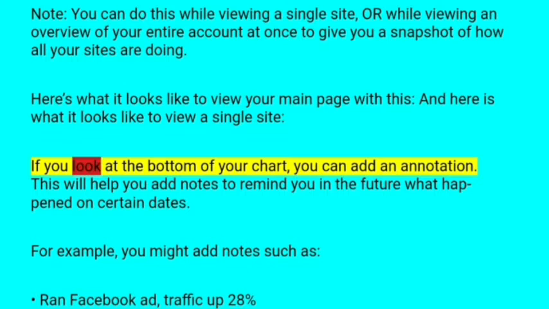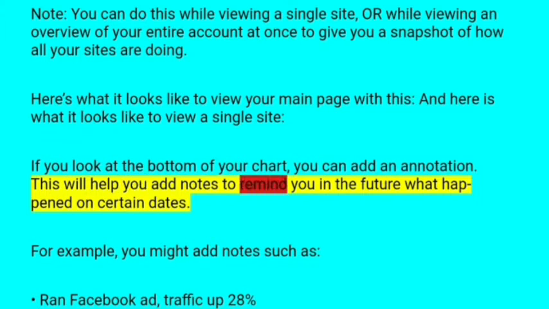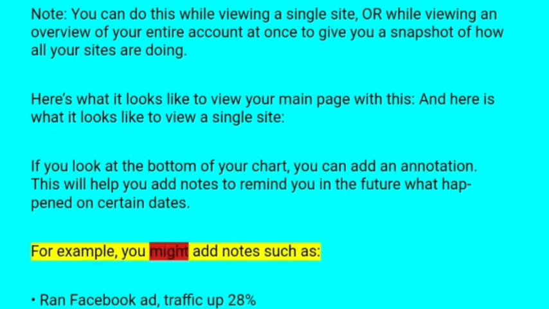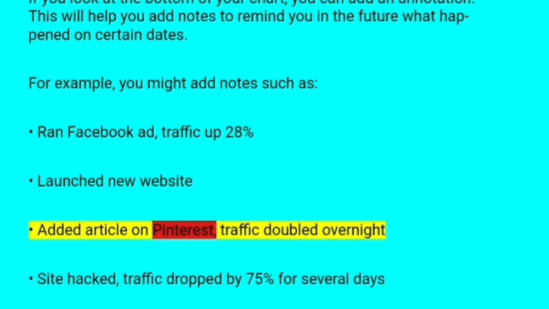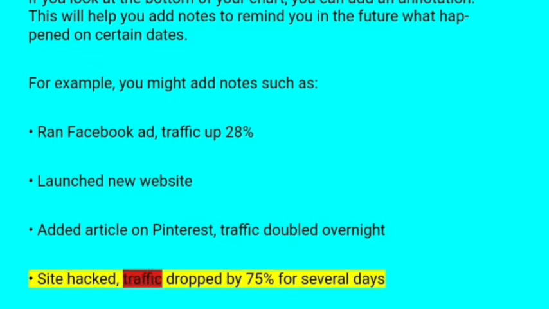If you look at the bottom of your chart, you can add an annotation. This will help you add notes to remind you in the future what happened on a certain date. For example, you might add notes such as ran Facebook ad, traffic up 28%, launched new website, added article on Pinterest, traffic doubled overnight, site hacked, traffic dropped by 75% for several days.